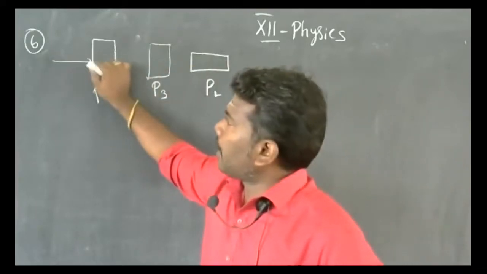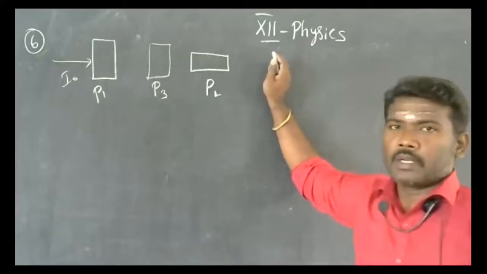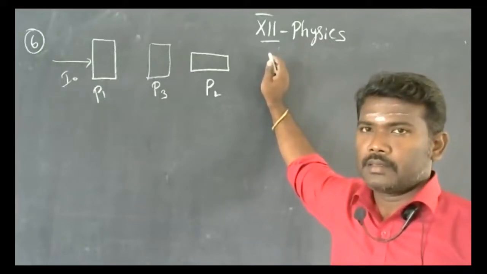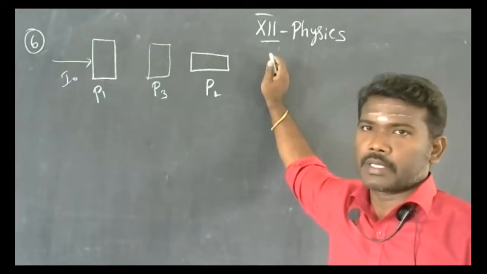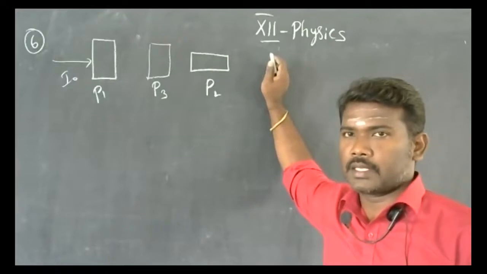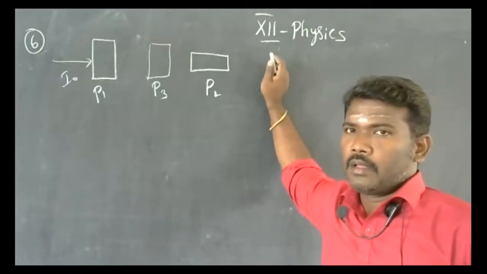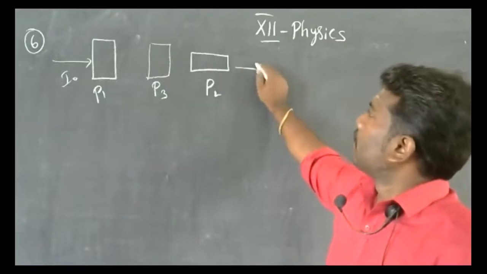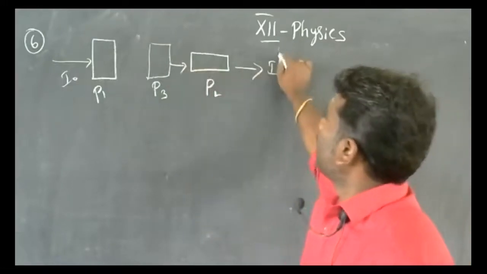The intensity of the light incident on the polaroid P1 is taken as I naught, and the emerging light from the first polaroid is I naught by 2. It is always a constant, I naught divided by 2. Now we are going to calculate I double dash.